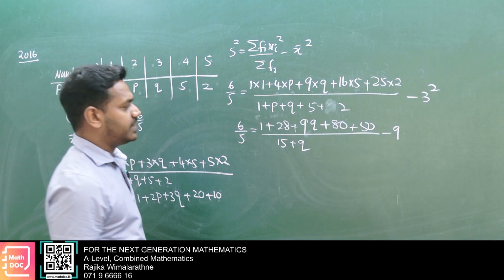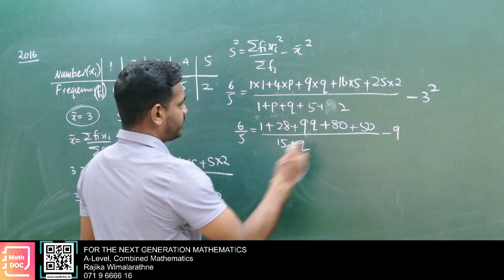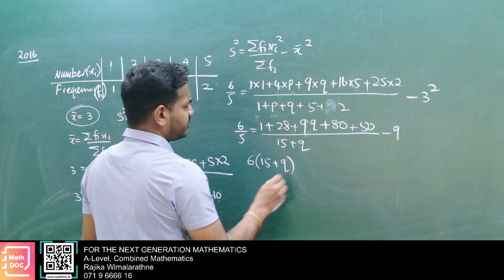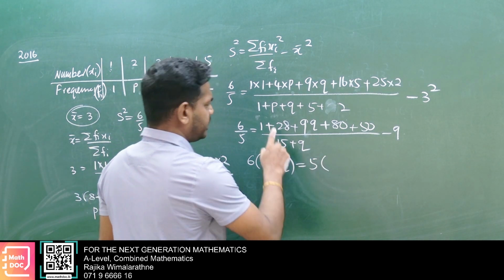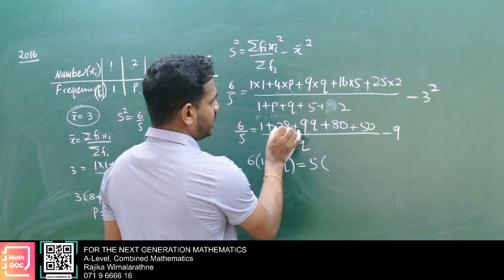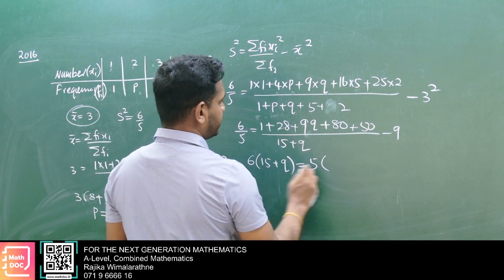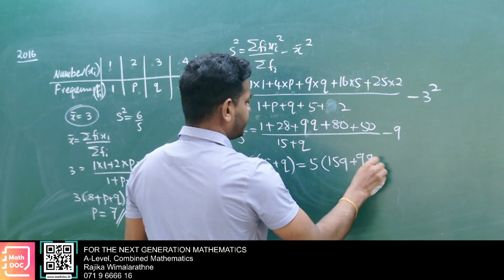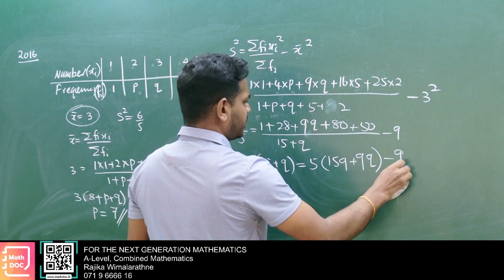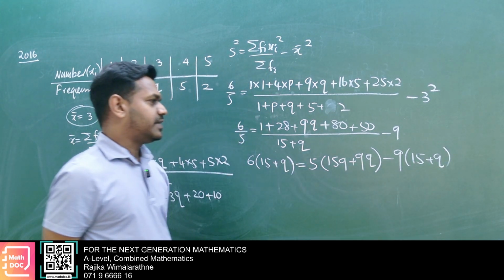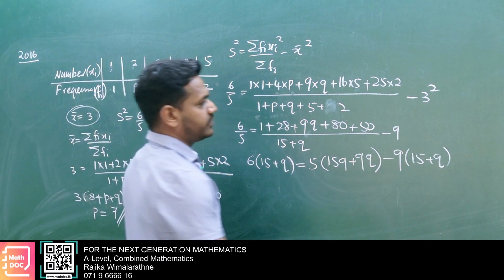Okay, further you simplify. Multiply by 5 and 15 plus Q. 5 into 80, 159, then 9Q. 9, 15 plus Q, 15 plus Q into 5.